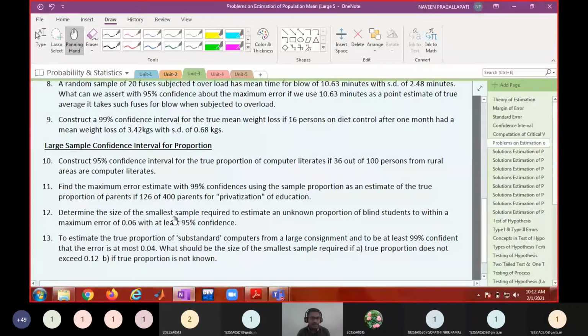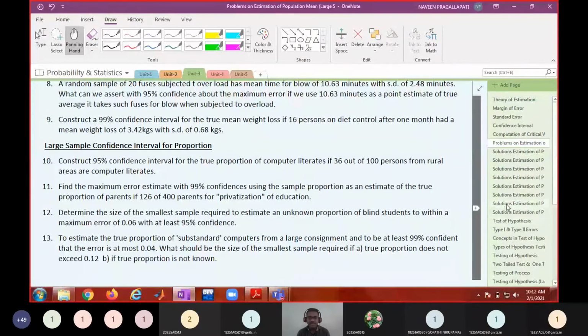Determine the size of the smallest sample required to estimate an unknown proportion of blind students to within a maximum error of 0.06 with at least 95% confidence. When the proportion is unknown, what is the formula?